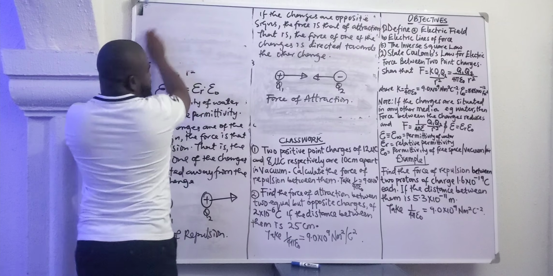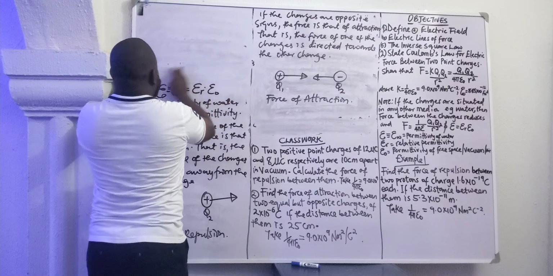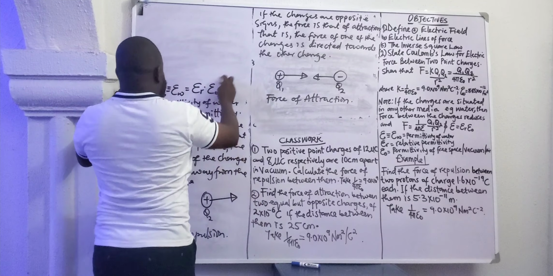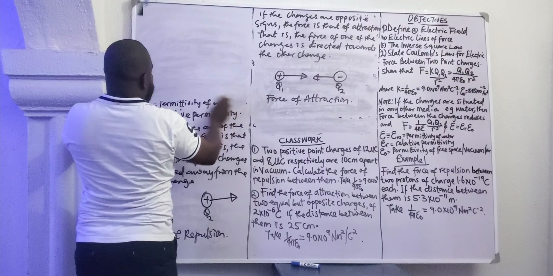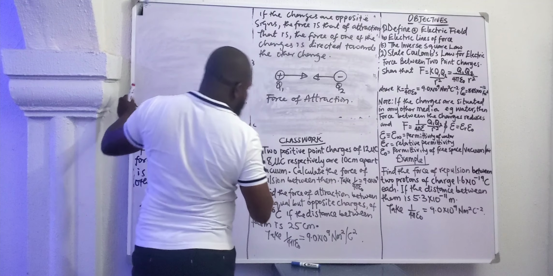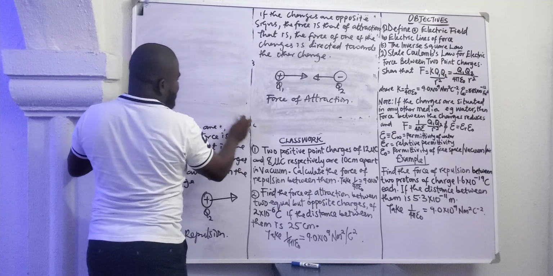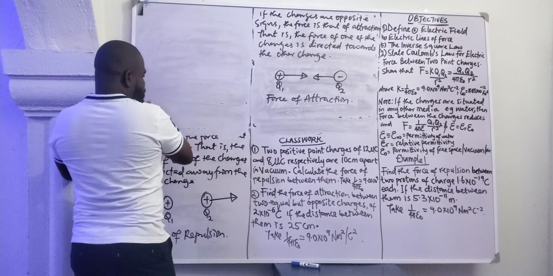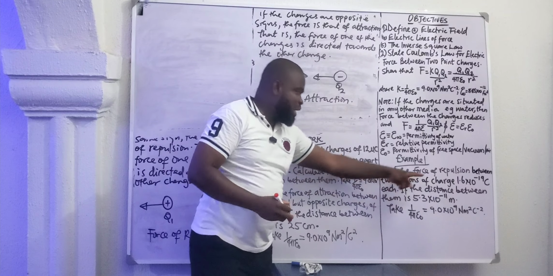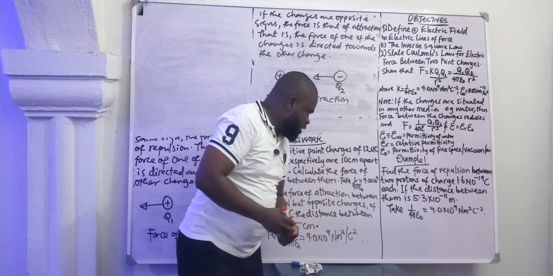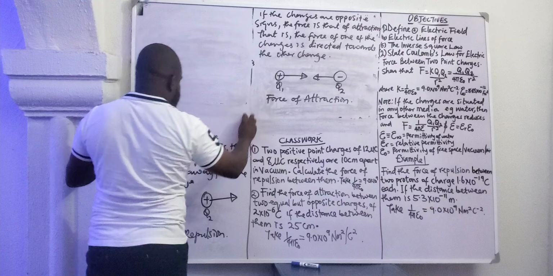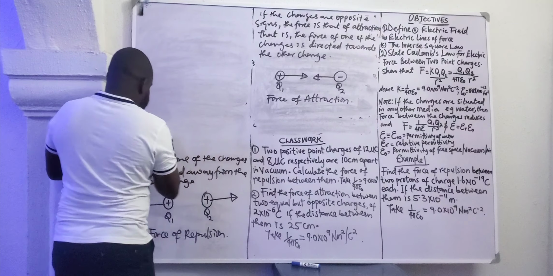Example 1 says, find the force of repulsion between two protons, meaning they are of the same charge, of charge 1.6 times 10 raised to the power of minus 19 coulomb each, which means Q1 and Q2 have this value of charge, and the distance between them is 5.3 times 10 raised to the power of minus 11 meter.